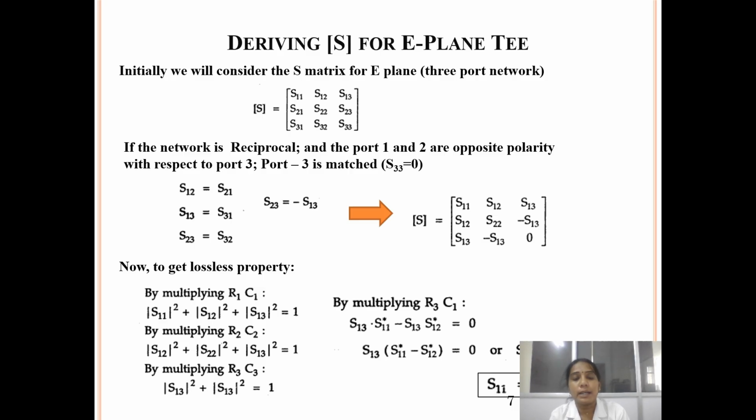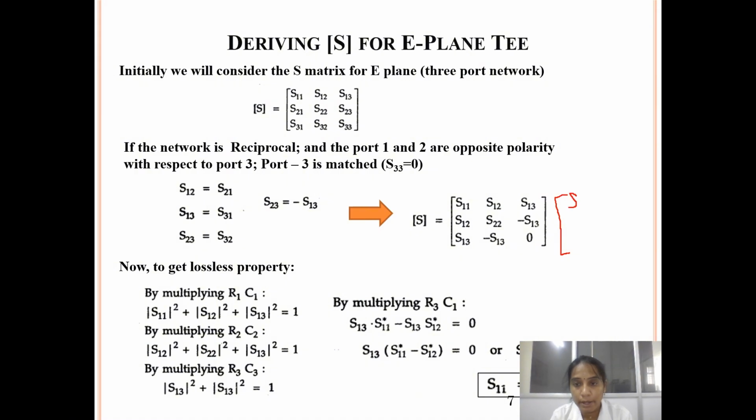And now we are applying the lossless property to this S matrix. So as shown in the previous slide, the lossless property of the S matrix can be said that once we are multiplying our S matrix with its transpose of complex conjugate, means that we will transpose the rows and columns and we will make the complex conjugate.